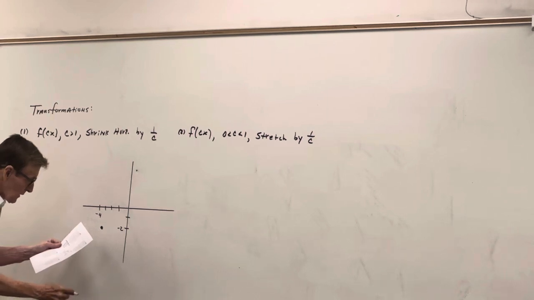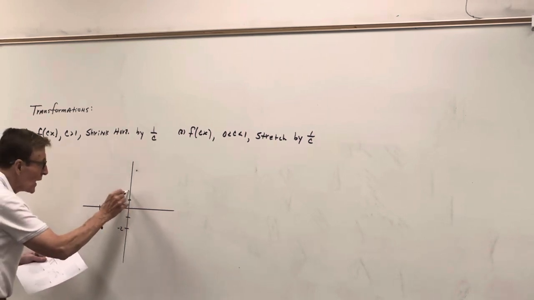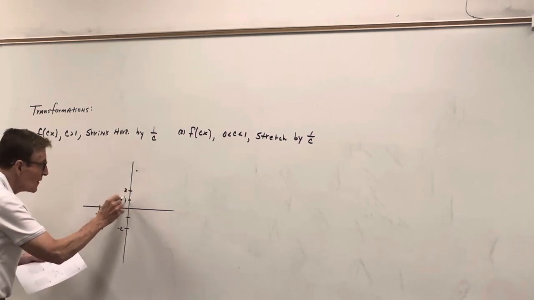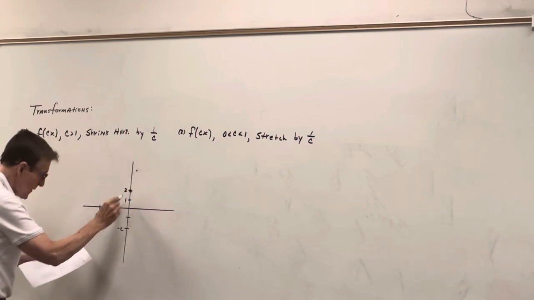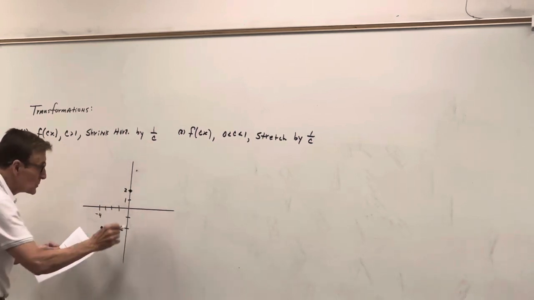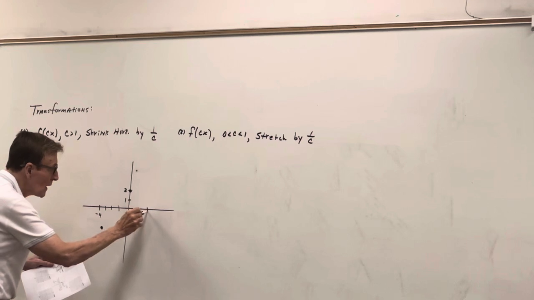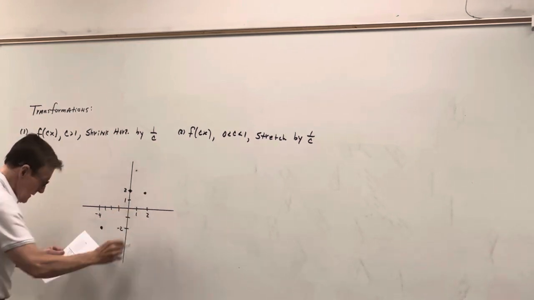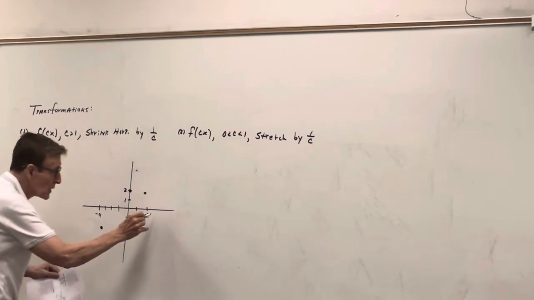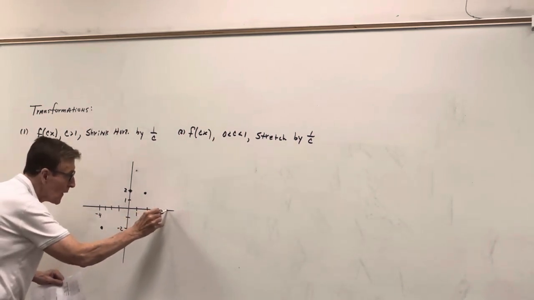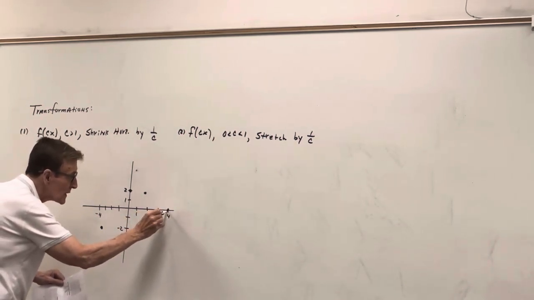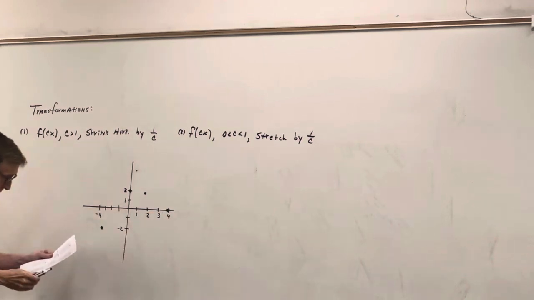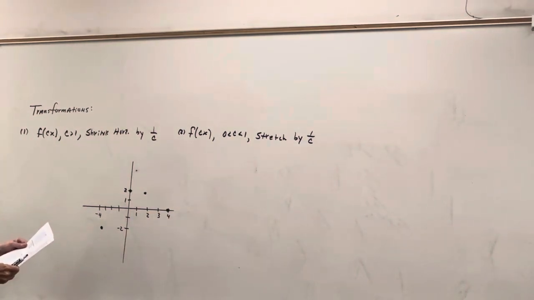Then it looks like it goes up to 2 on the y-axis, not on the scale. And 2, 2 over here. And then it looks like 4, 0. That's here. I think I have all the points I need. Okay, here we go. Connect those, thank you.